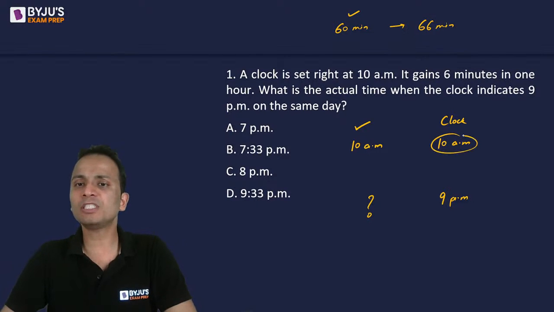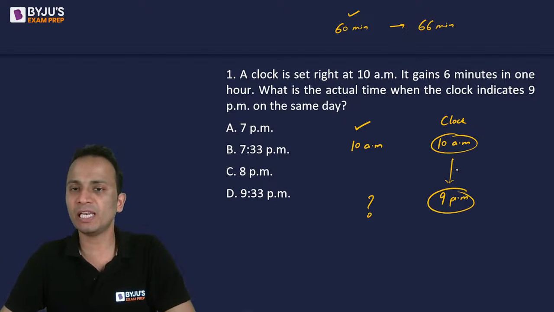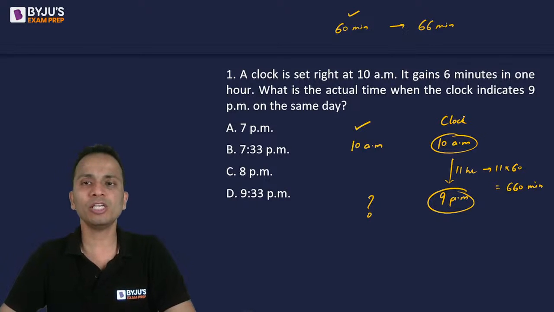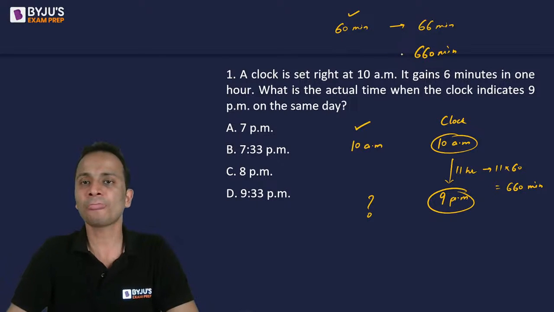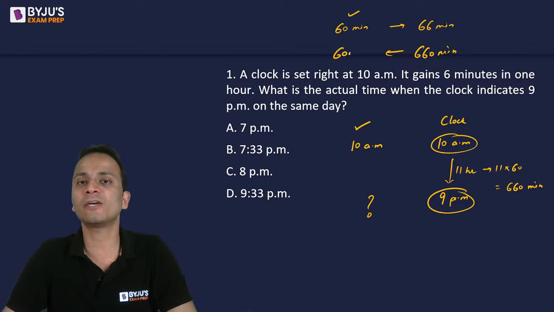Now starting from 10 a.m. up till 9 p.m., how many hours have elapsed? 11 hours. That means 11 multiplied by 60, which is 660 minutes. So in this faulty clock, when 660 minutes have elapsed, correspondingly the correct time elapsed will be 600 minutes.